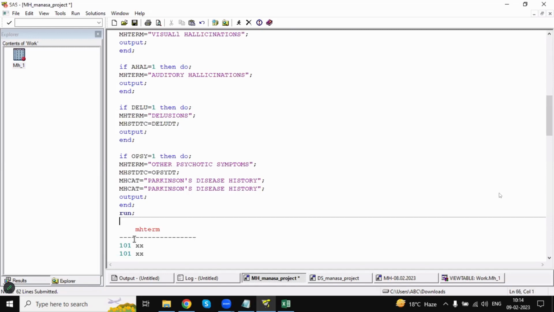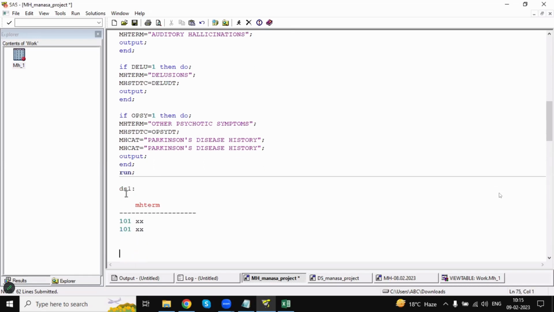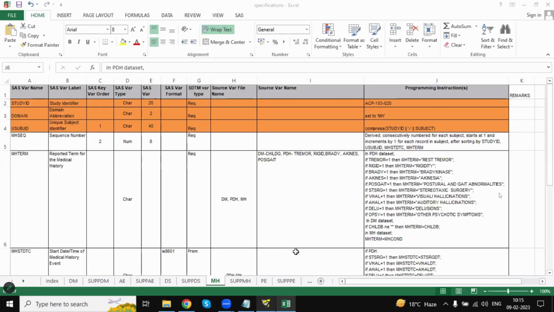So this is from data set one. For example, let us assume this is one data set, correct? Just now you derived from the PDH. Now again from another raw data set, MH, DM.